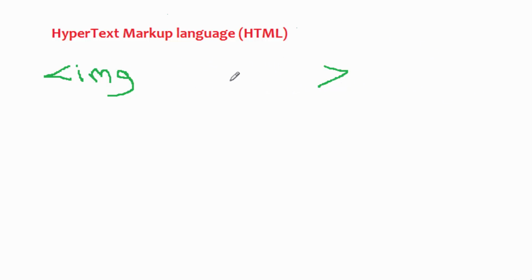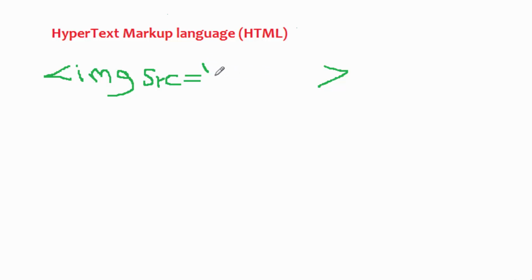It is just a single tag which opens, but it is not closed with a slash. And inside this image tag, there is a link or attribute, if you like. We call it source, but it is written in short like this. This one is the one given the name of the image.